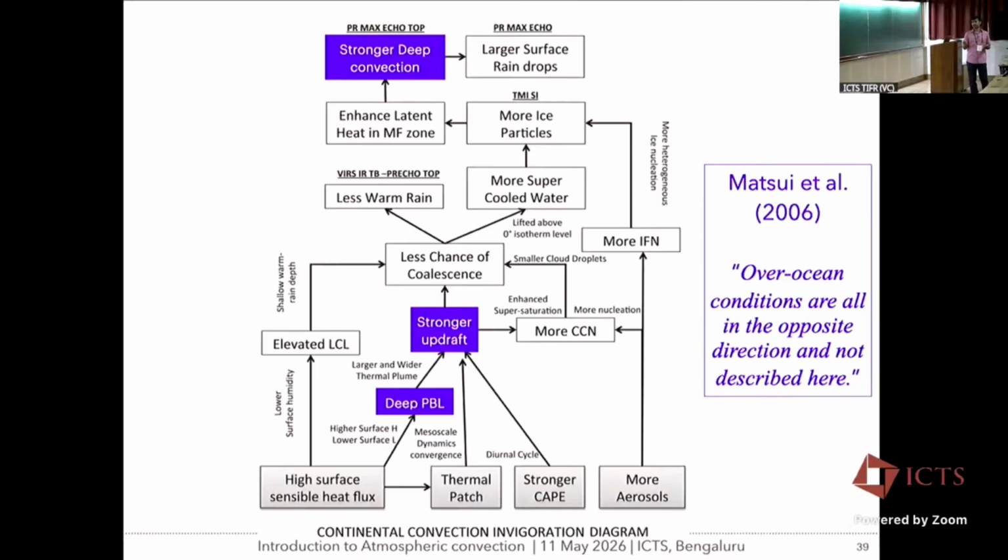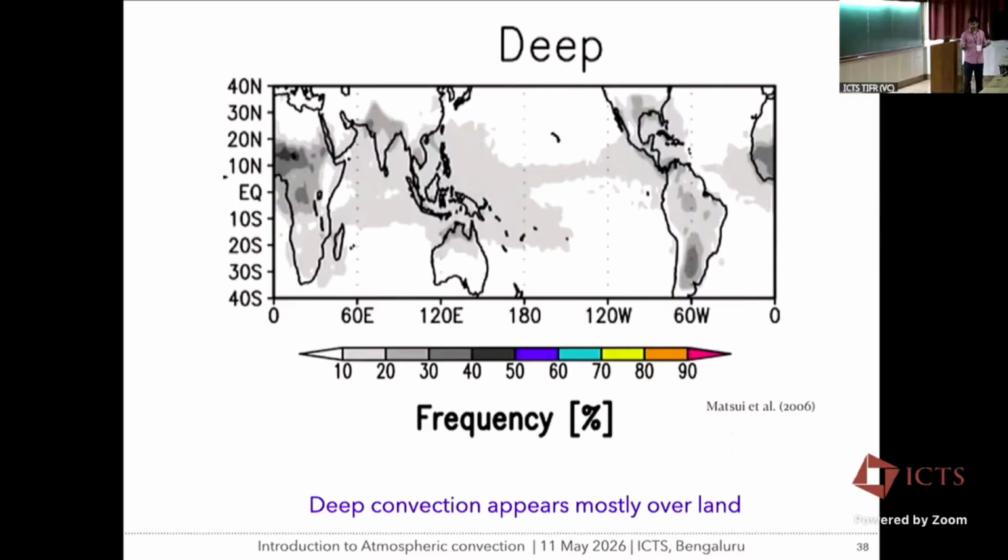But they mentioned that over ocean it's just the opposite. It might not be that simple, but we can accept that for now. So the continent has a deeper boundary layer, and it has a stronger updraft, which leads to stronger deep convection, as we had seen in this plot from Matsui et al.